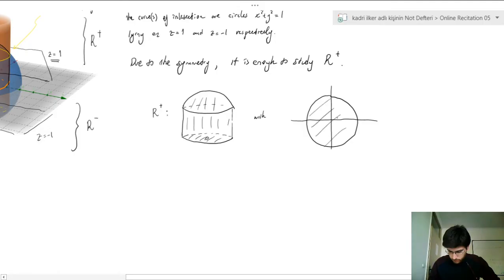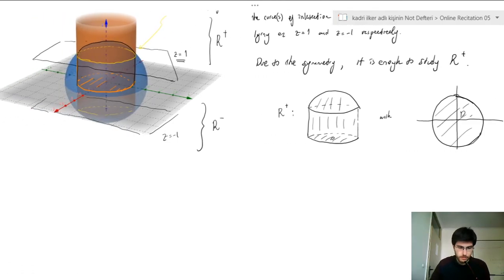This is the base region D, and D is just the unit disk. So these are the pictures basically, and it's enough to evaluate the volume of R plus, and therefore due to the symmetry we are just going to multiply by 2. That's all.